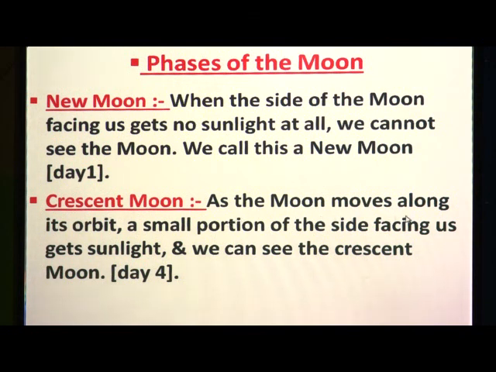As the moon moves along its orbit, a small portion of the side facing us gets sunlight, and we can see the crescent moon. It is after 4 days, or on the 4th day of the beginning.